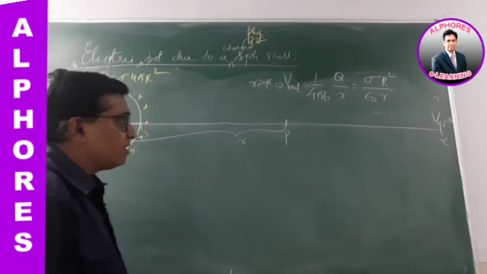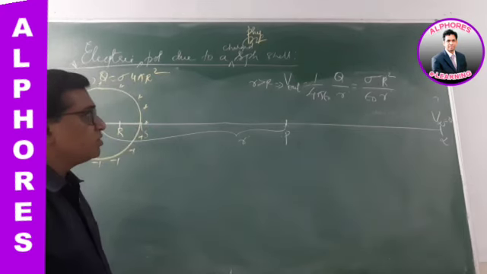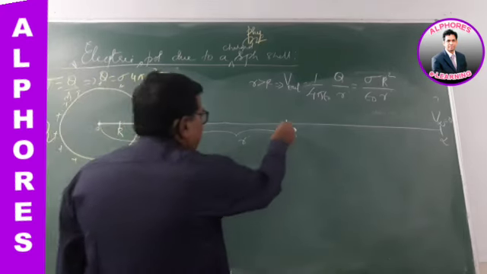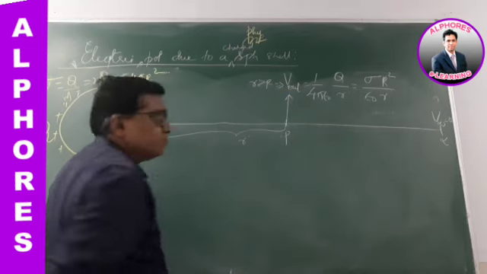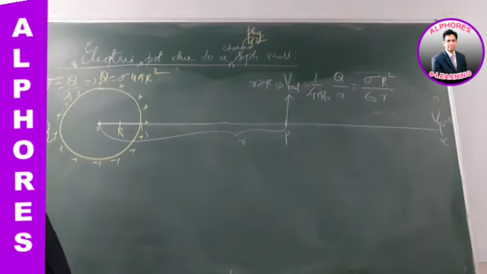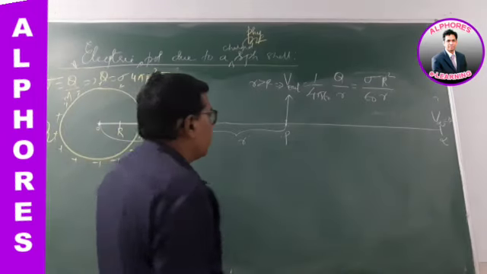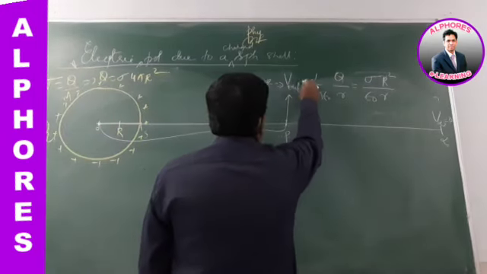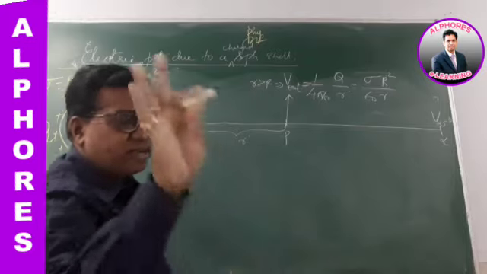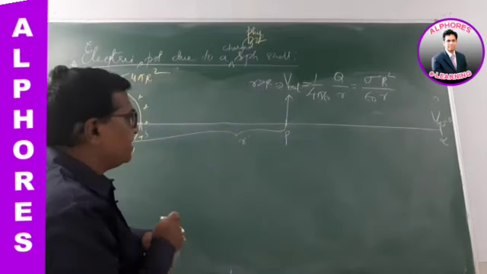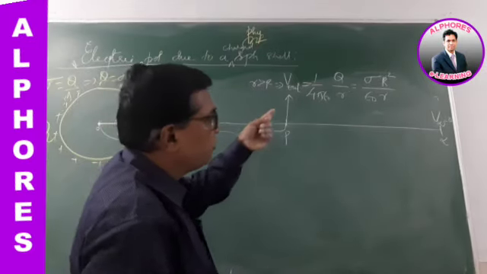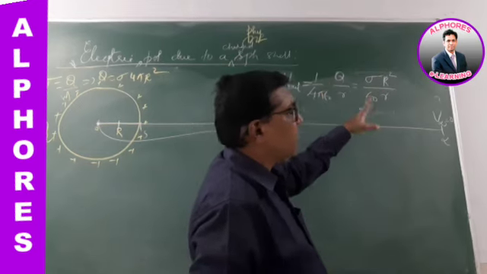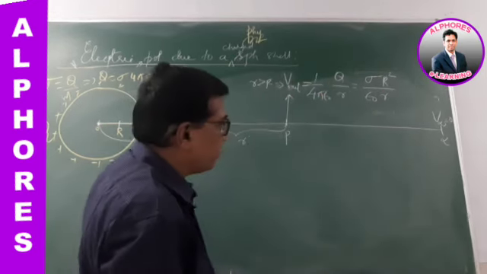That is the potential at any outside point for a hollow conducting charged sphere, and even if it is non-conducting, it is the same for a hollow sphere: 1 by 4 pi epsilon naught Q by r, or sigma R square by epsilon naught r. This is the formula for the outside point.